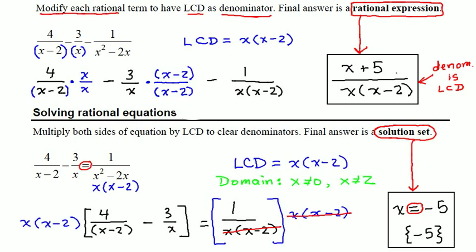In this process, we used the LCD to clear the denominators, so we can see that after this step that we show right here, there will be no denominators left. We get this all the way down to one level so that we can finish the process of solving the equation.